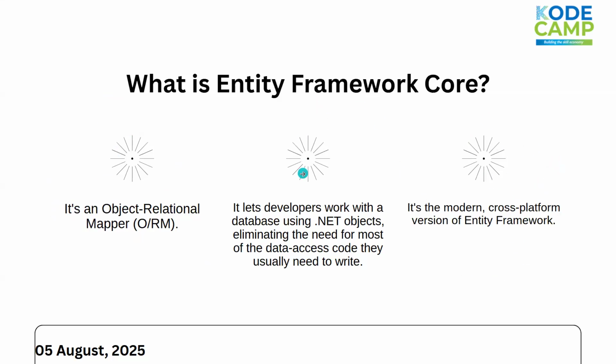We need something that would convert your code, your classes, and translate what you have done into the database. That translator is regarded as the ORM, and one of the ORMs is Entity Framework Core.